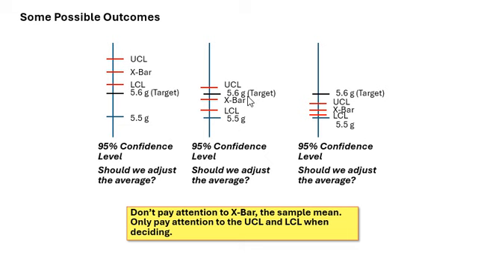In this case, at the 95% confidence level, we think again, should we adjust the average? Yes, because your target is outside of the interval. In the next case, a 95% confidence interval, here is your lower and upper, and your target is inside of it. So you can have 3 different scenarios.